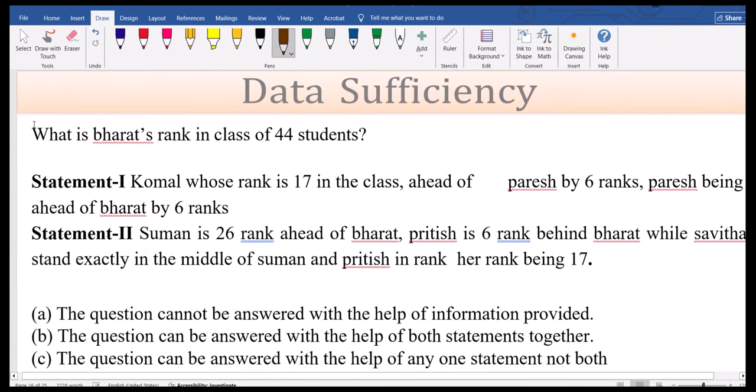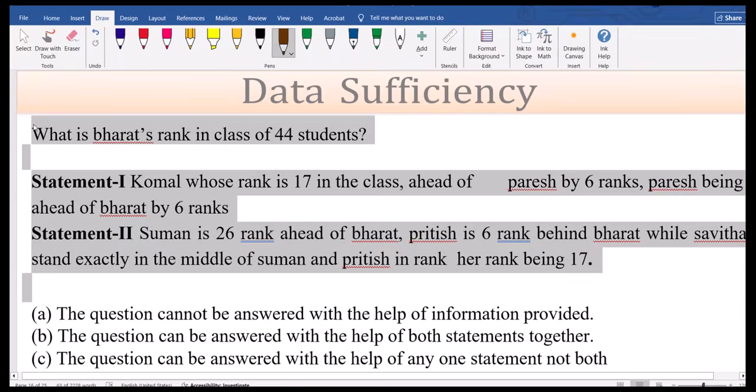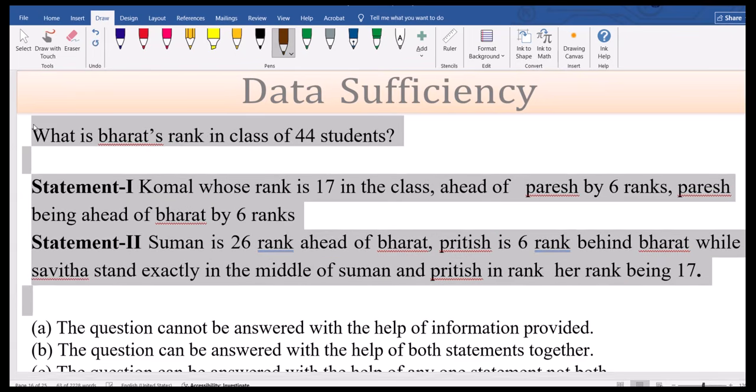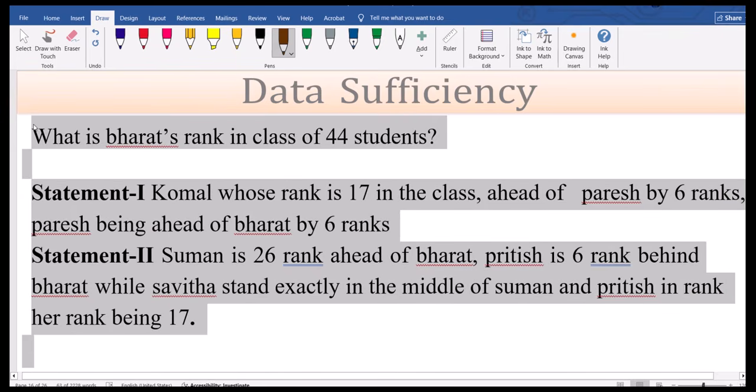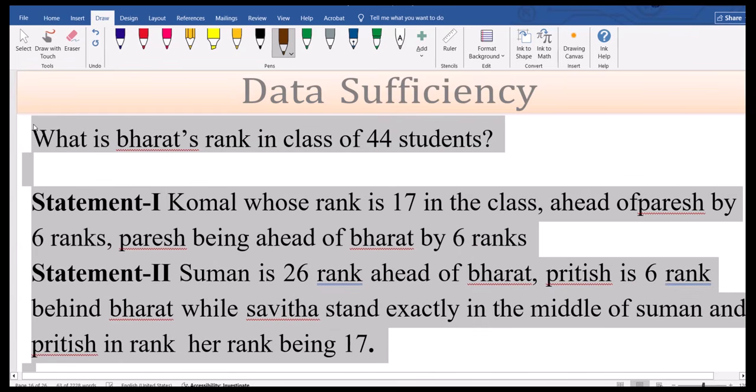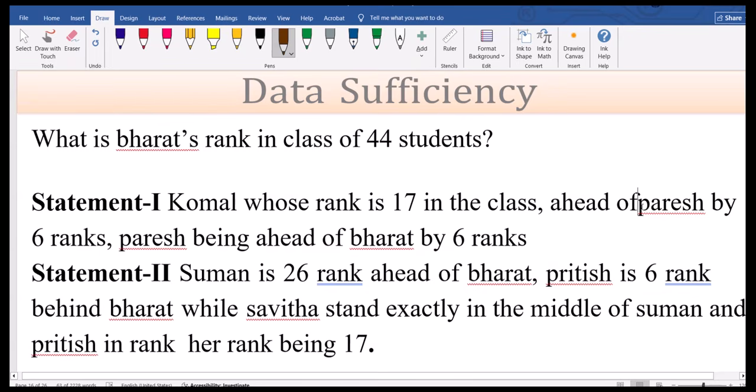Now ranking. Before going for this question, if the total is 40 and your position from the left side is 25, what is your position from the right side? 40 students are in a row. From the left side, you are at 25th position. From the right side, your position will be what? 16.